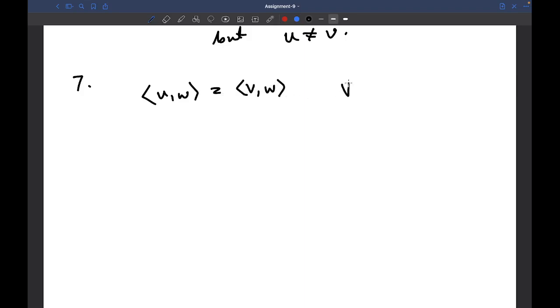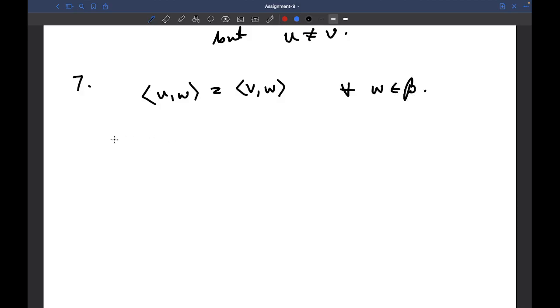So option number 7. <U,W> equals <V,W> for all W in beta, right?